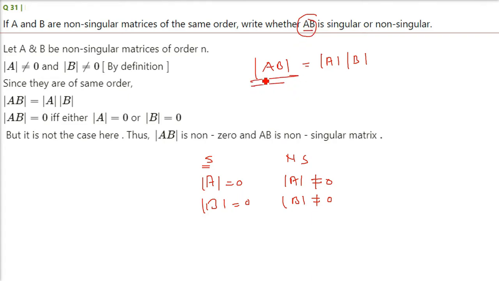The determinant of AB is 0 if singular, and not equal to 0 if non-singular. Since A and B are non-singular, neither determinant of A nor determinant of B is 0. So when both are not 0, the determinant of AB cannot be 0. So AB is a non-singular matrix.